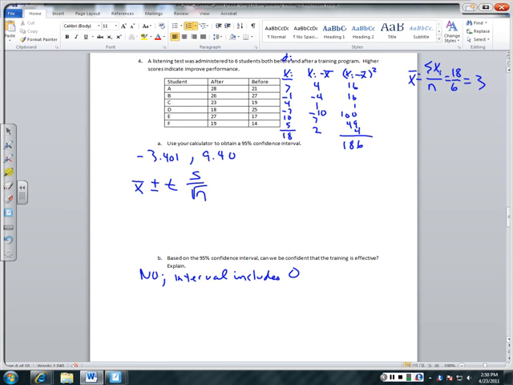Okay, and so the sample standard deviation is equal to the square root of the sum of the squared deviations divided by n minus 1, or the square root of 186 divided by 5.